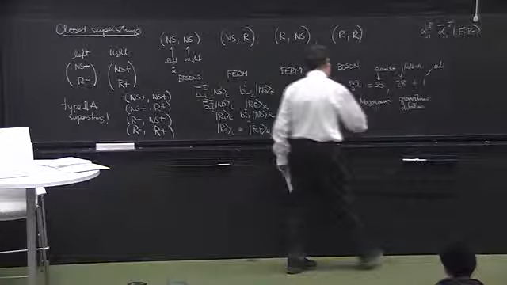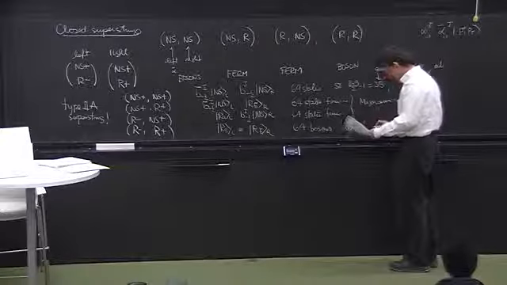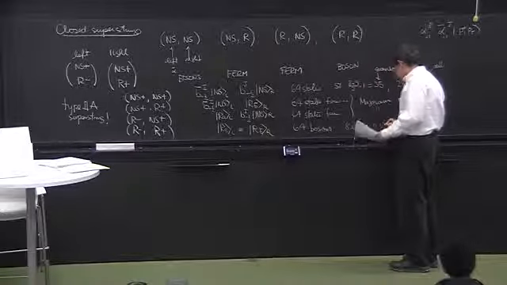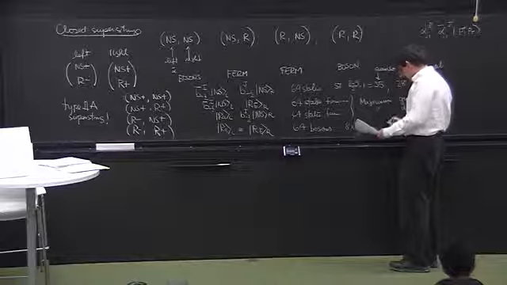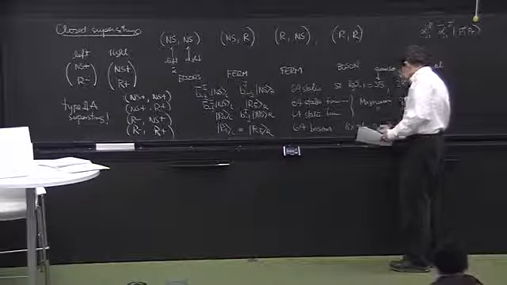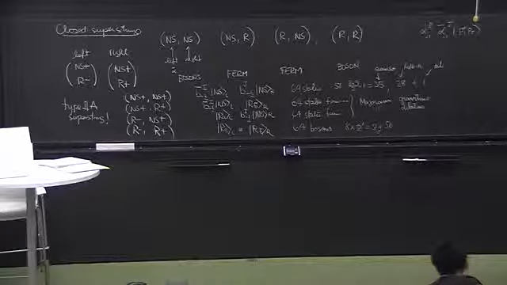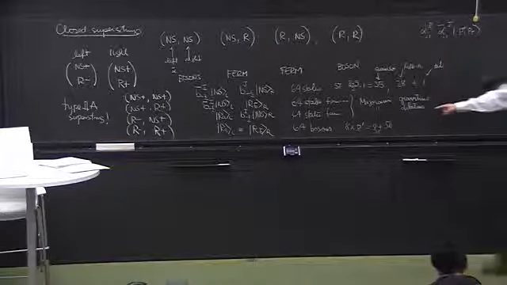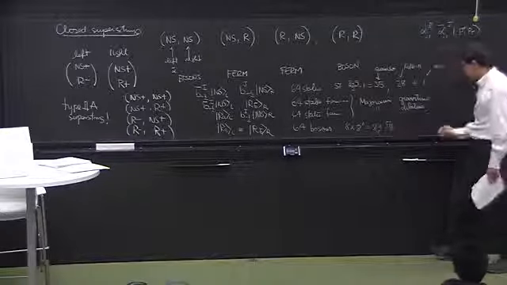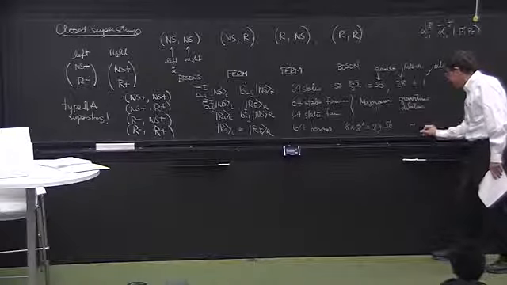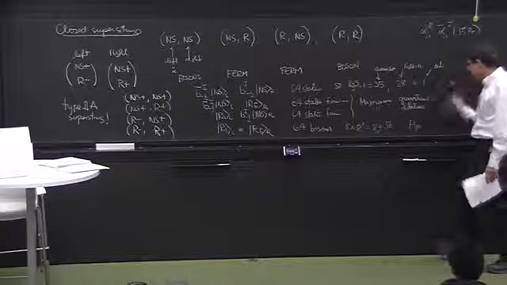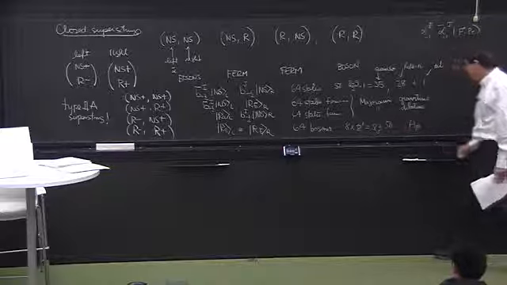In group theory, they write it as 8 vector plus 56. So actually, you get a vector field, a Maxwell field like an A mu, and a 56.